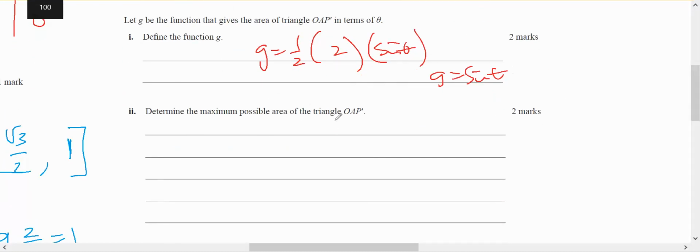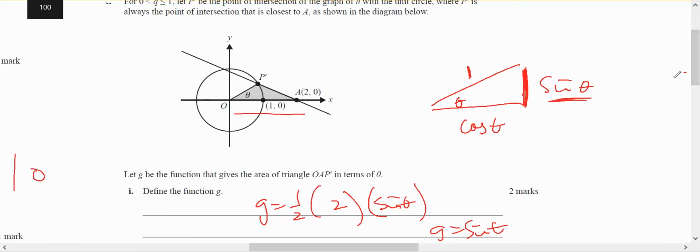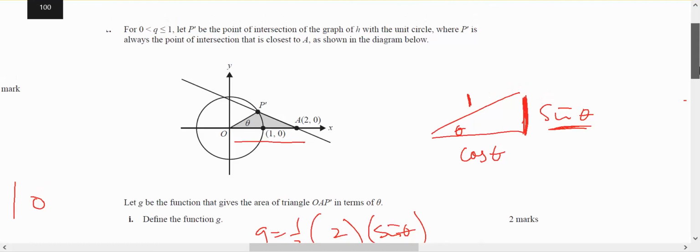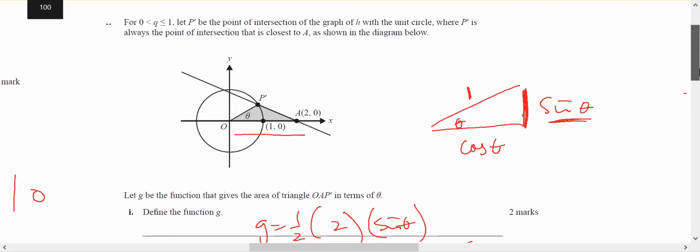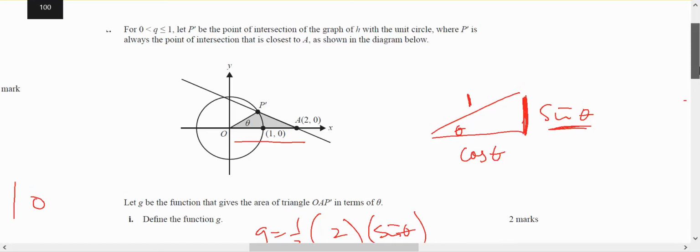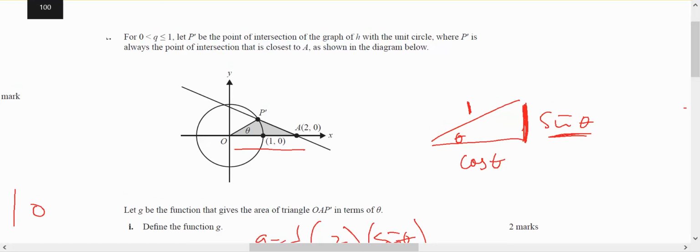Determine the maximum possible area of the triangle. So G dash is the cos of theta, but the only way, what have I got here? Okay, so where P dash is always the point of intersection that is closest to A. So P dash is not there, P dash is here.